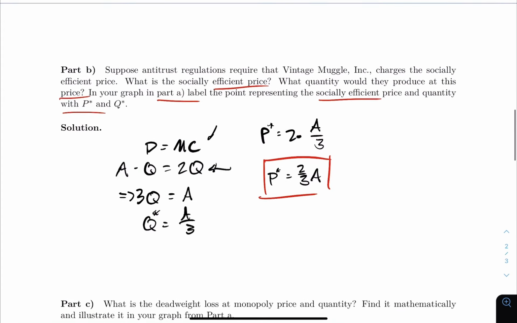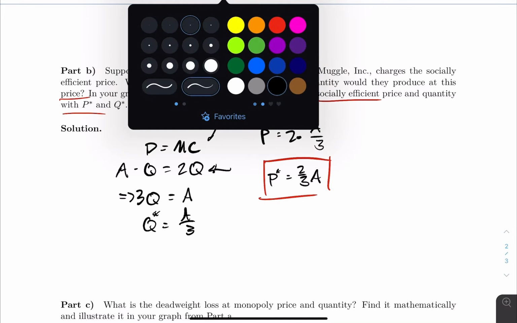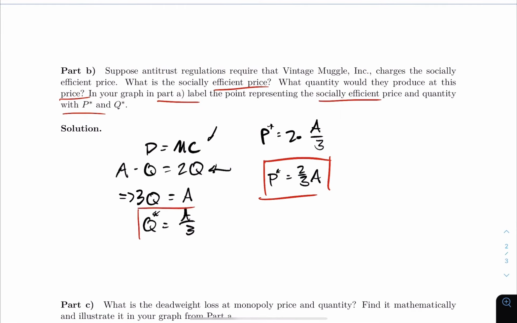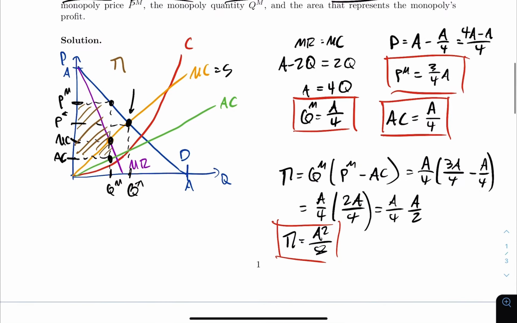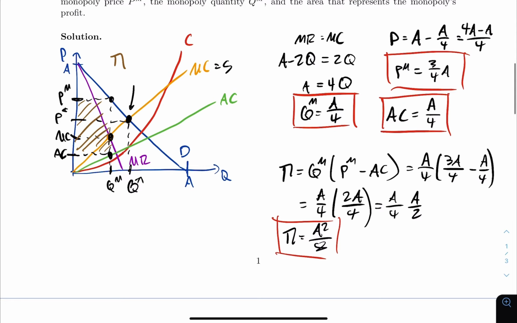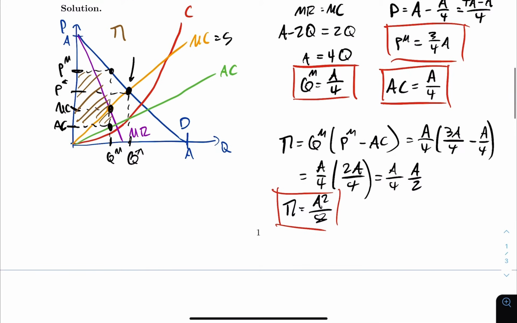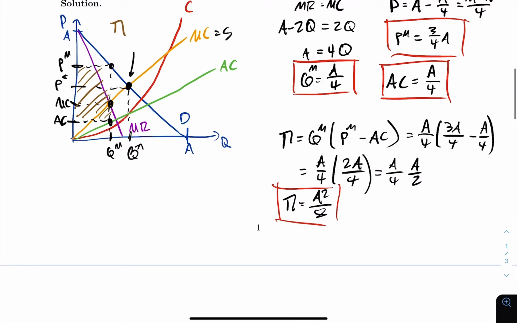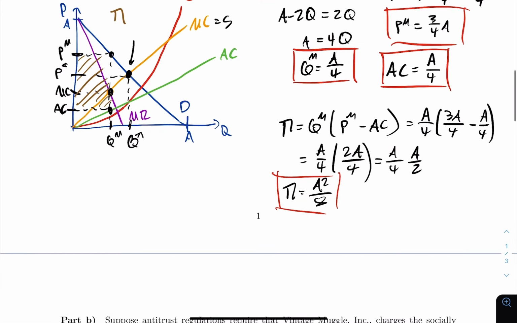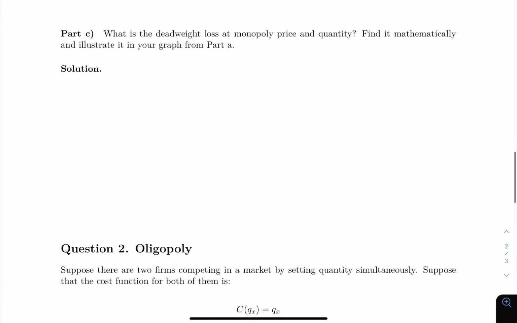We found P star, and without realizing it, we've already found Q star. So at this price, the monopolist will produce at the socially efficient quantity. All right, so that's nice.